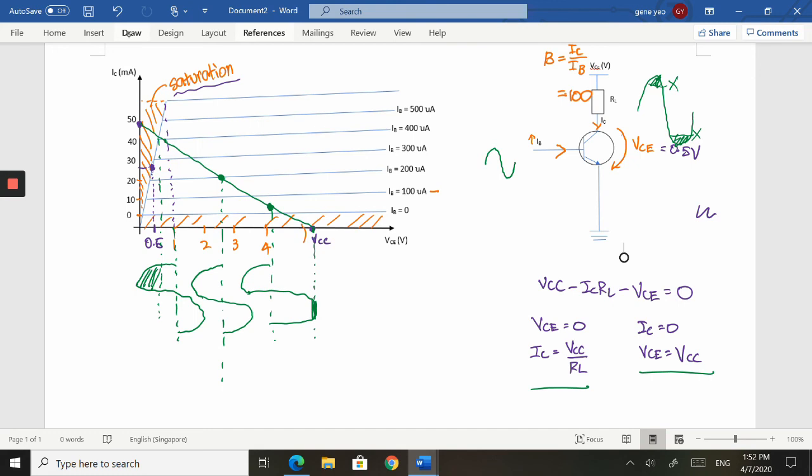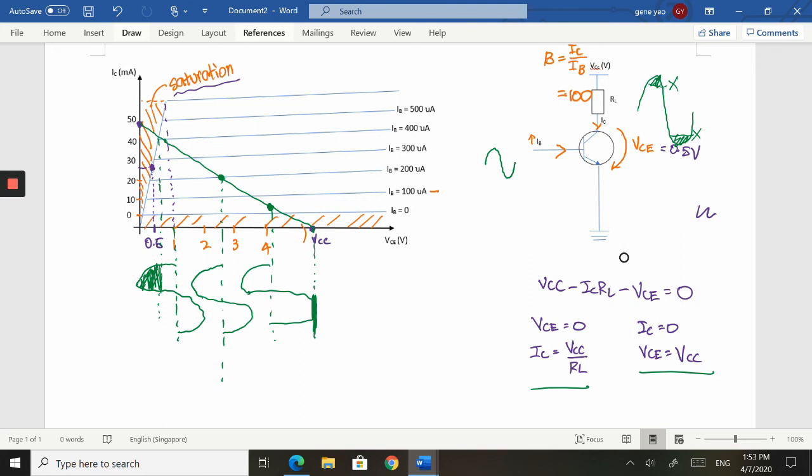So I do not risk a distorted cutoff here, and neither do I risk a distorted cutoff there. Okay, so this is the whole idea behind why I want to find out a load line. And if I have the load line like this, ideally the operating point I want is somewhere in the center to prevent any distortion at the ends.